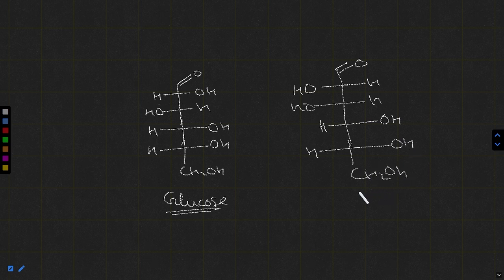Now if I do the osazone formation for this mannose, what will happen? What will they both give? So for osazone formation, what do we do? We replace this one first with N, say I am writing it as Ph, phenyl.